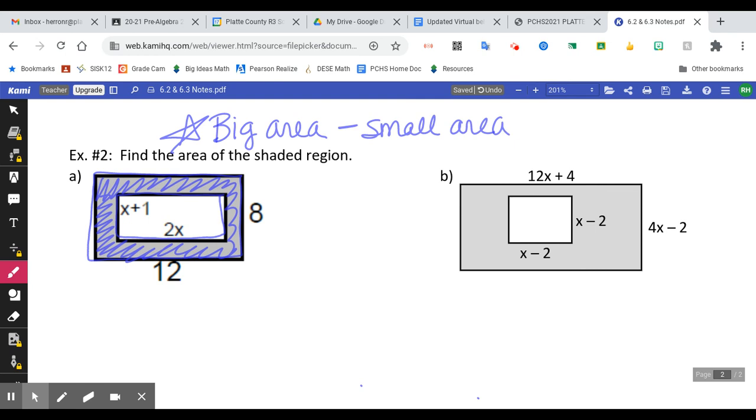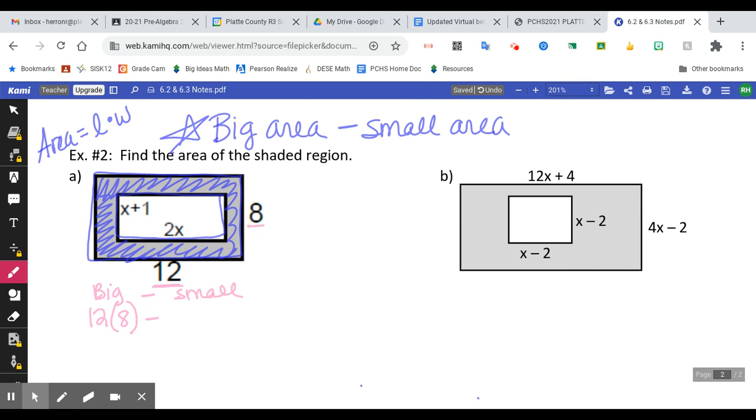Okay, now if you remember, area equals length times width for a square or a rectangle. All right, so length times width here, the length of the big rectangle is 12, the width is 8. So 12 times 8 would be our big, right, minus the small.